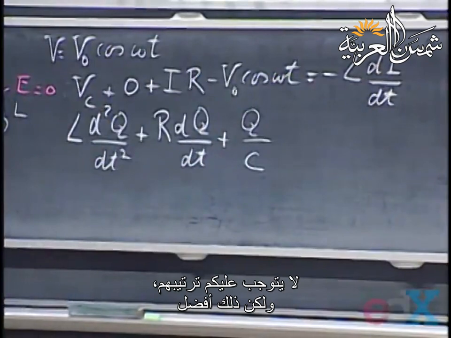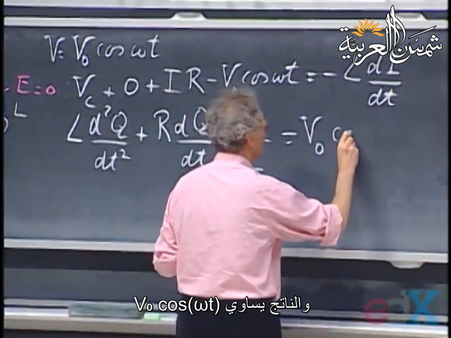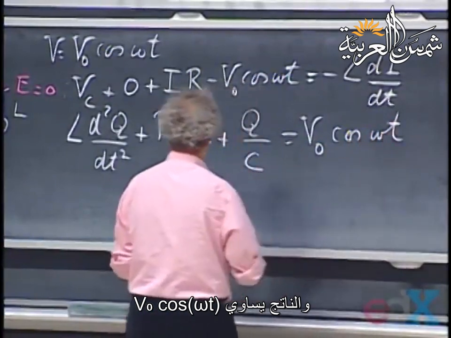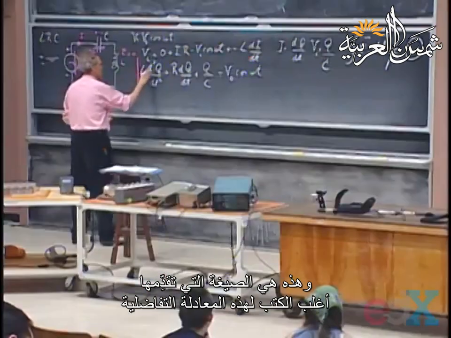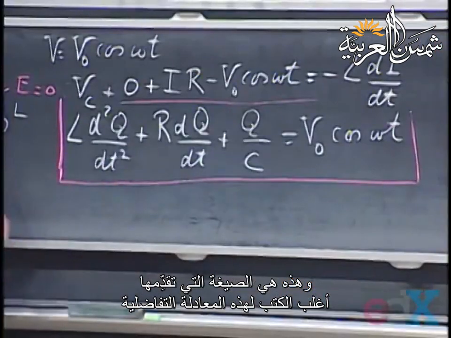You don't have to do that, but there's nothing wrong with doing that. And then we get here equals V0 cosine omega t. And this is the form in which most books would present this differential equation.